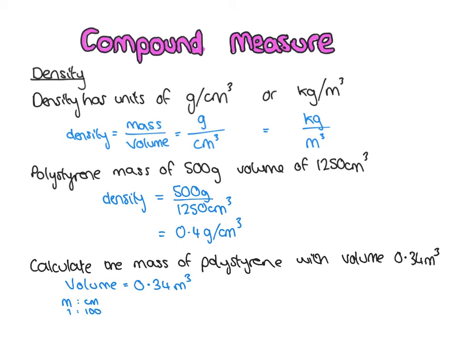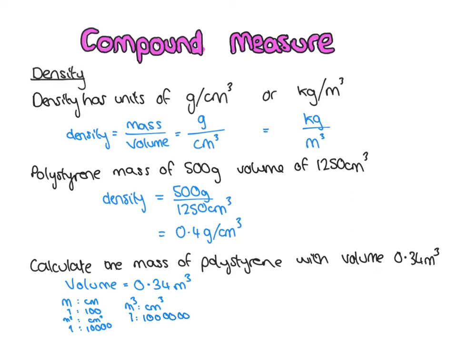So metres squared to centimetres squared is 1 to 10,000. So metres cubed to centimetres cubed is 1 to 1 million.